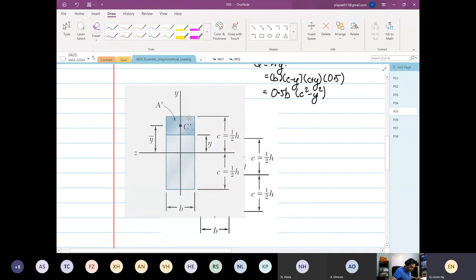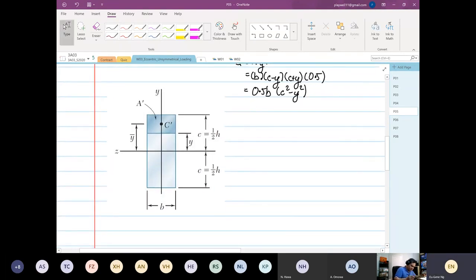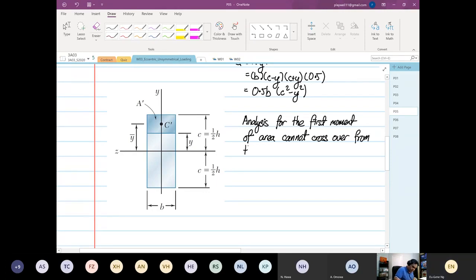An important thing to take note, okay, is that the analysis for the first moment of area cannot cross over from the centroid. Okay, so this is my rule number 4.